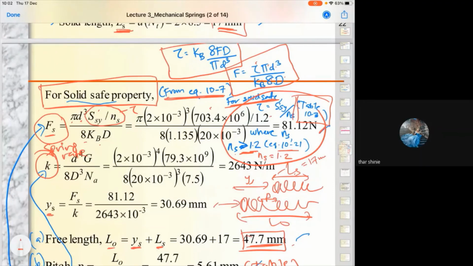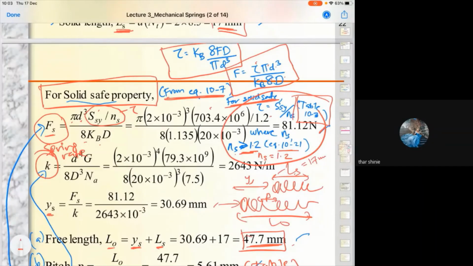There is a value for factor of safety for solid length ataupun solid height. Solid length and height is actually the same in spring, guys. So don't get confused. So NS equal or greater than 1.2 is actually from the standard. Meaning they do the testing lah before they come up with that value. Okay, I hope I answer your question.